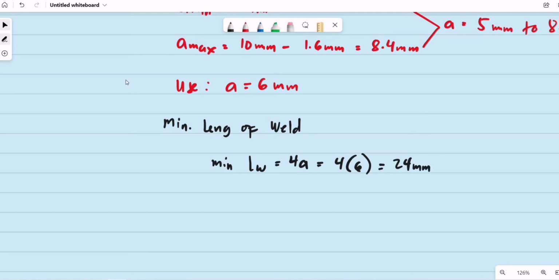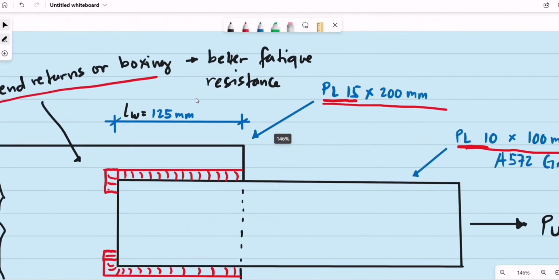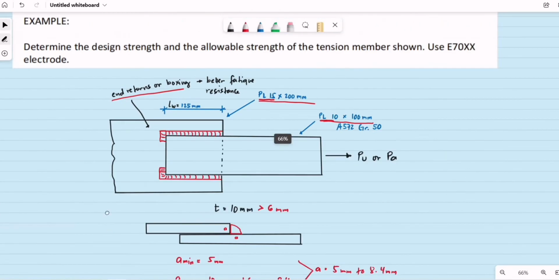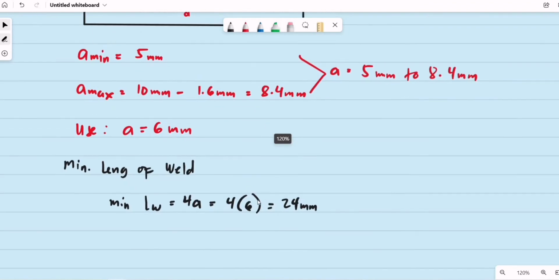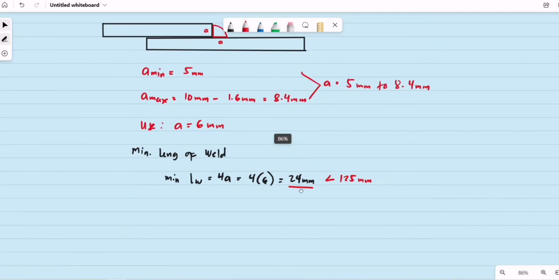But on our actual connection, the actual length is equal to 125 mm. So it is okay, since this is just the minimum value of 24 millimeters, which is less than the actual length of the fillet weld, 125 mm.